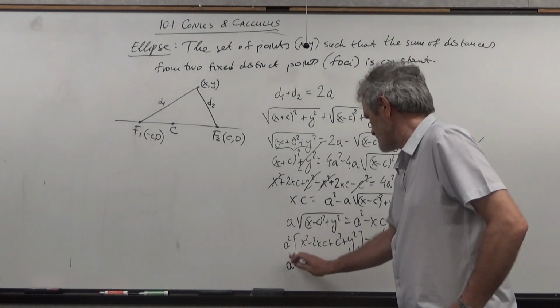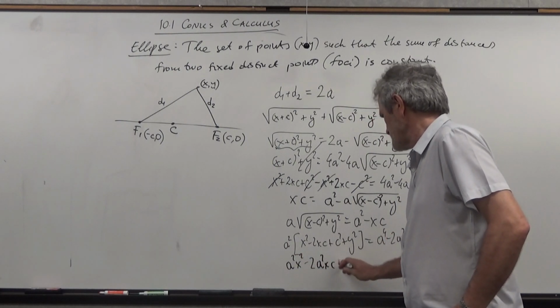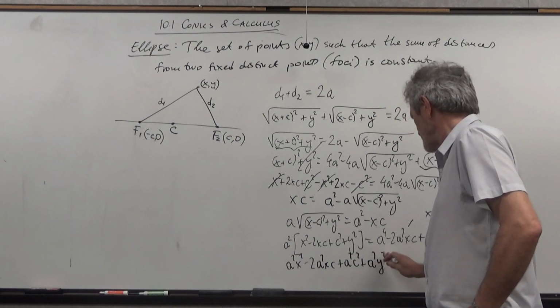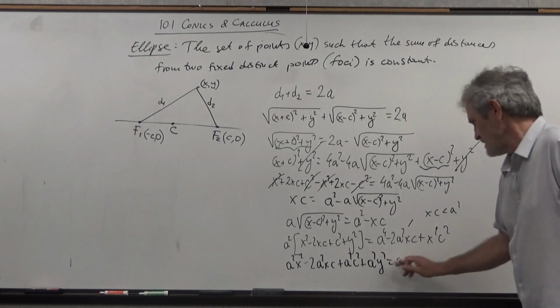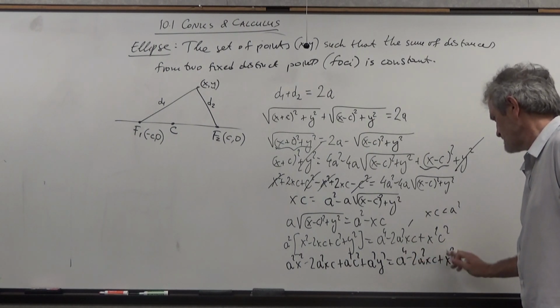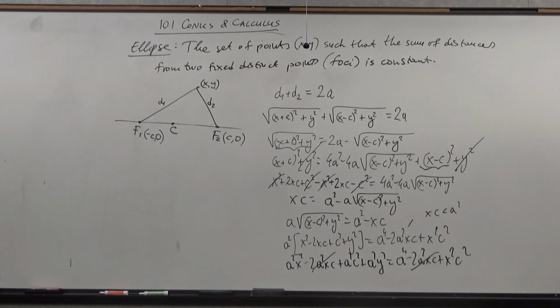We get a squared x squared minus 2a squared xc plus a squared c squared plus a squared y squared equals a to the 4th minus 2a squared xc plus x squared c squared. These two guys cancel out. That's the best rule of all. And basically we are there. That's the equation of the ellipse.